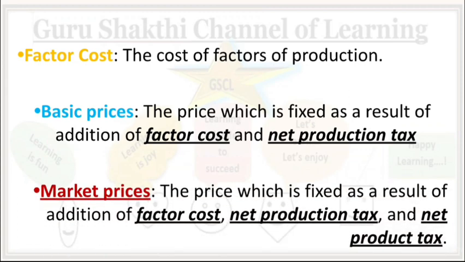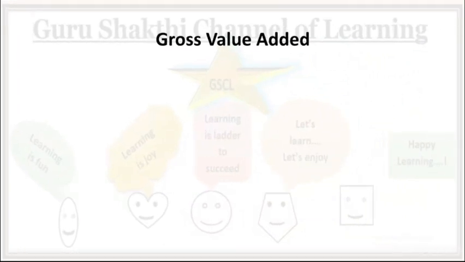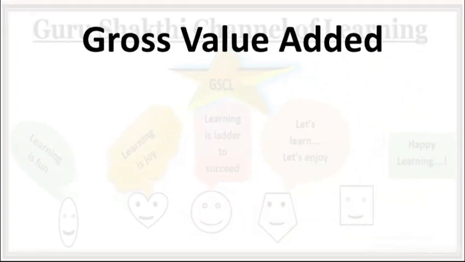Market prices, these are the prices which is fixed as a result of addition of factor cost, net production tax and net product tax. Gross value added.